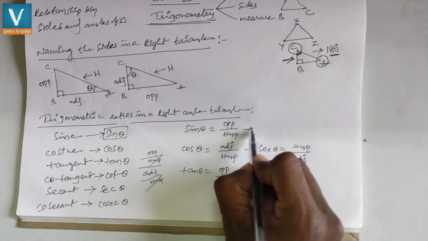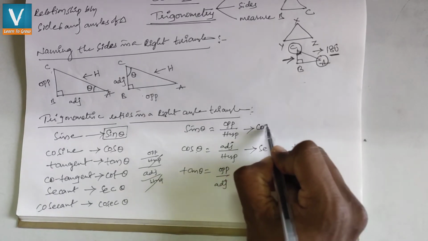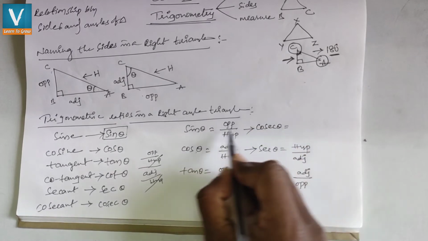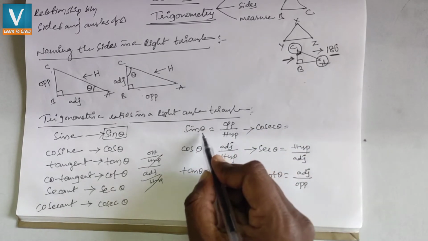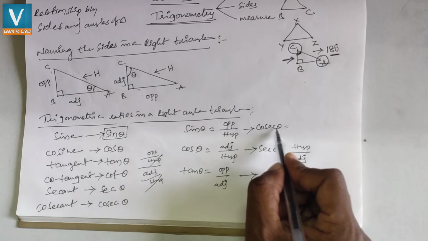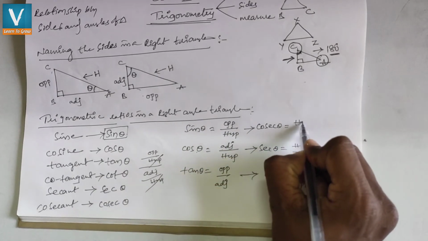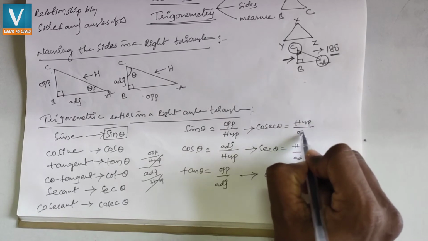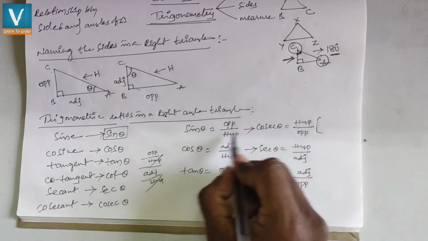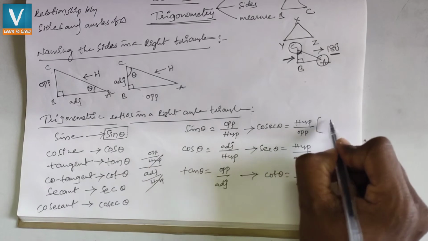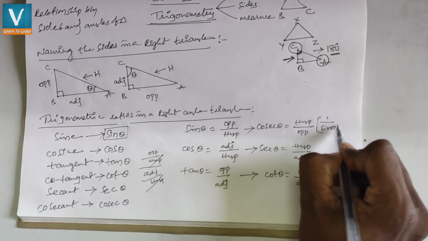Then cosecant theta indicates the multiplicative inverse of sine, nothing but 1 by sine. The reciprocal is hypotenuse by opposite. So again, cosec is nothing but 1 by sine.